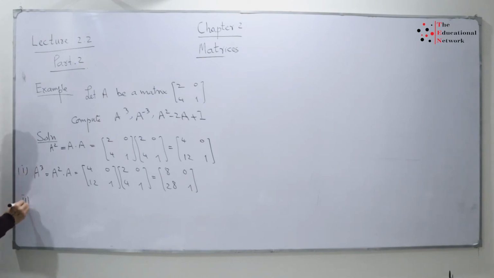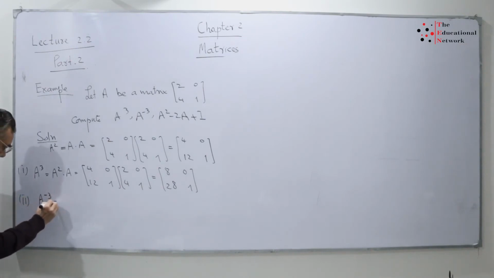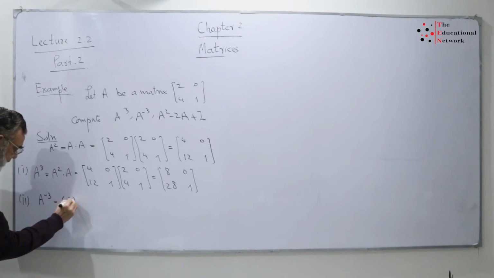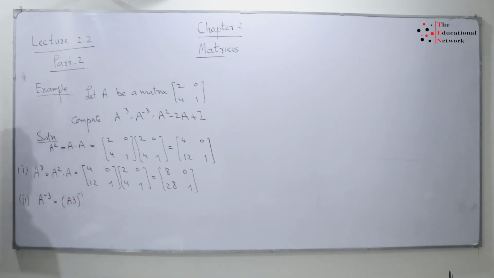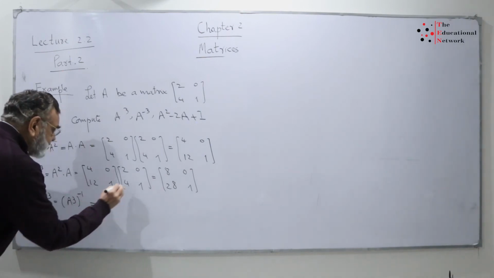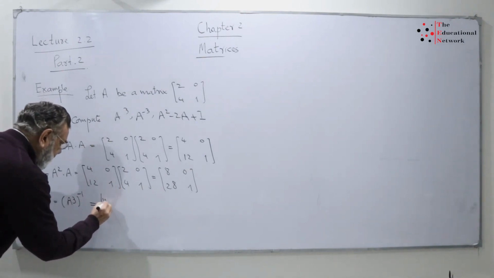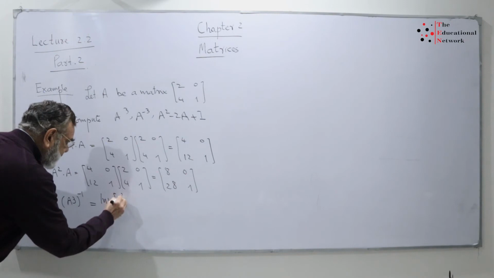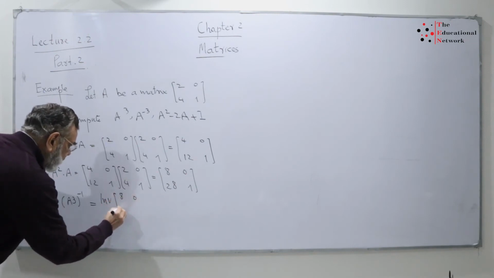My second result is I want to find A to the power minus 3. So I'm going to use the property that A to the power minus 3 is equal to the inverse of A to the power 3. So I find the inverse of this matrix, the matrix 8, 0, 28, 1.